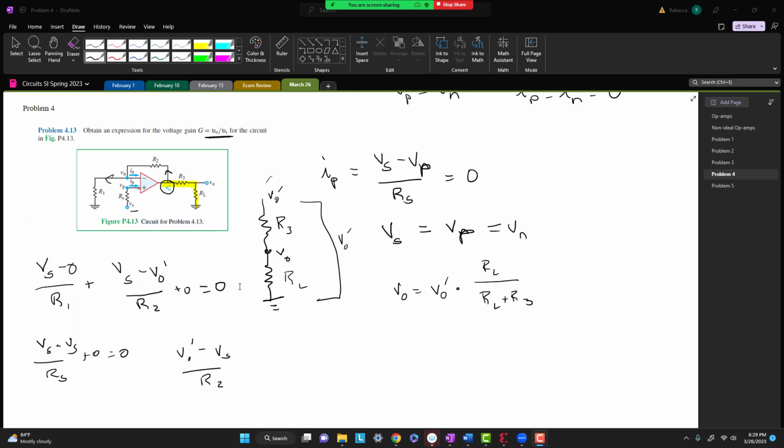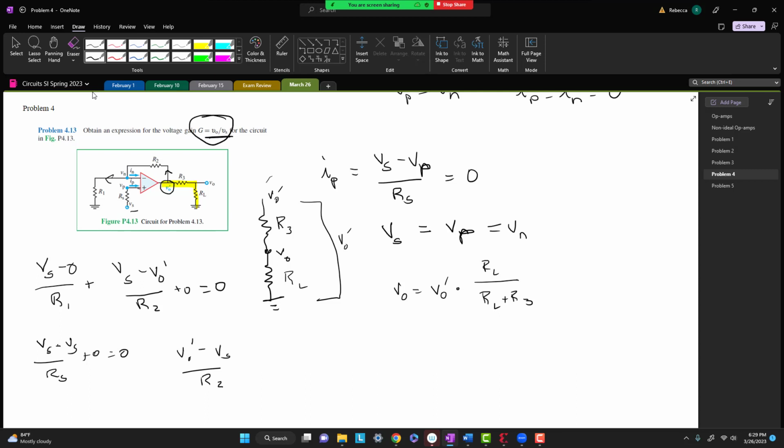Okay, so actually, I don't think I need to do this, because what my problem is asking me for is an expression for this voltage gain, so for VO over VS. And everything else is a constant.